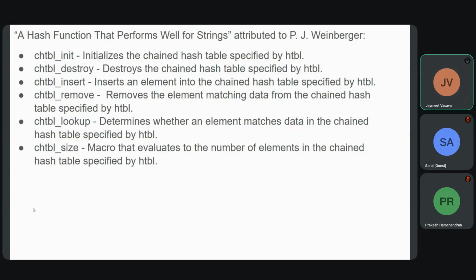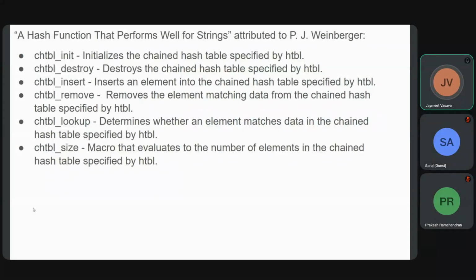First is a chain hash table, so CHTBL init, which initializes the hash table. For the people who are new to this, this is the pattern that we have followed till now for constructing a separate header file and having the functionalities in them. So these are related to that.